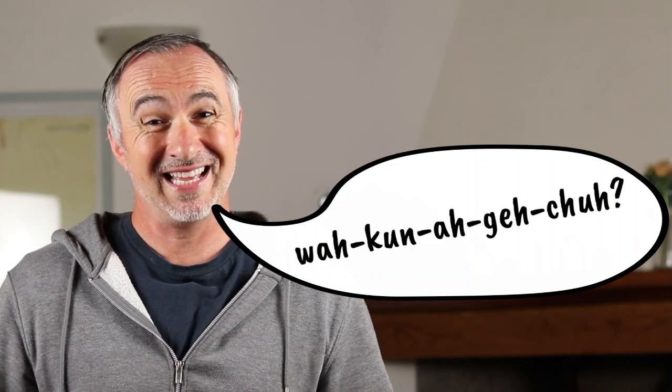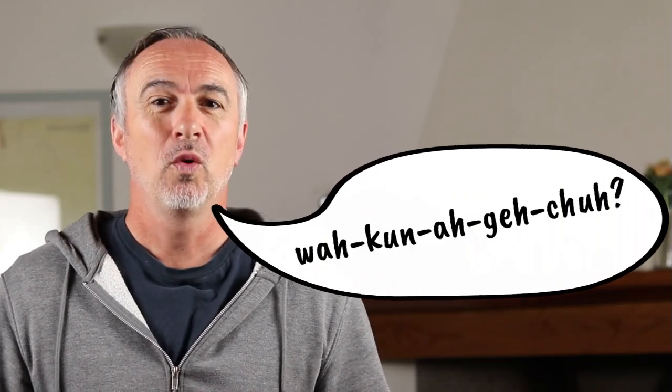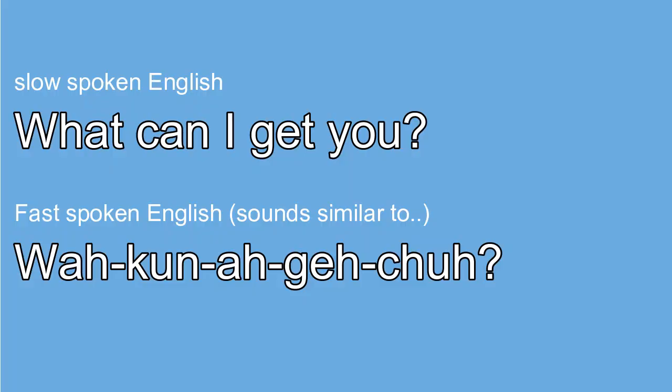And this is a question, if you go into a restaurant or a bar or a coffee shop, they're normally asking you what you want to order. So what can I get you very often becomes, what can I get you? And of course that sounds very different from what can I get you?